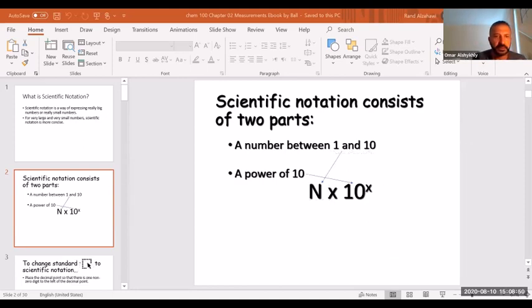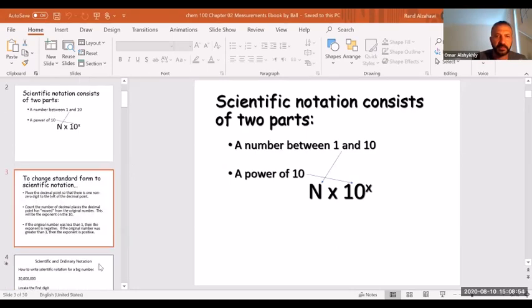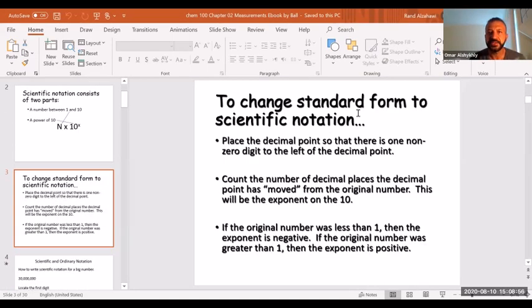Let's go to another slide and see what we have. Now, to change the standard form to a scientific notation form, what are we going to do? We need to move the decimal point until we get a number between 1 and 10. Sometimes we need to move the decimal point to the right or to the left.